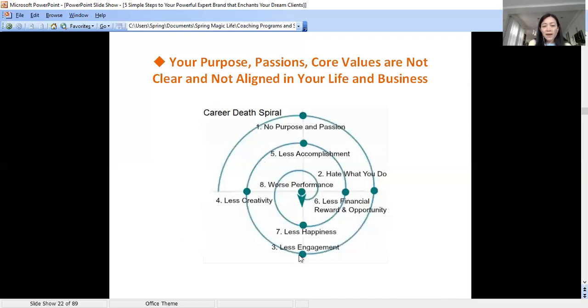You will have less engagement, less creativity, less accomplishment, and accordingly less financial rewards and opportunities. As a result, you get worse performance. You can see this, from outside to inside, is a downward spiral. We do not want to get into that trap, right?